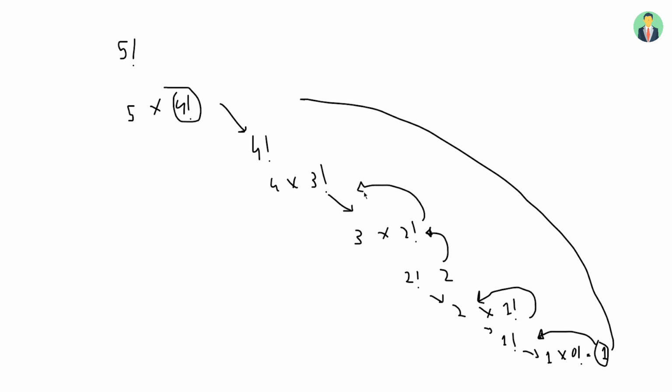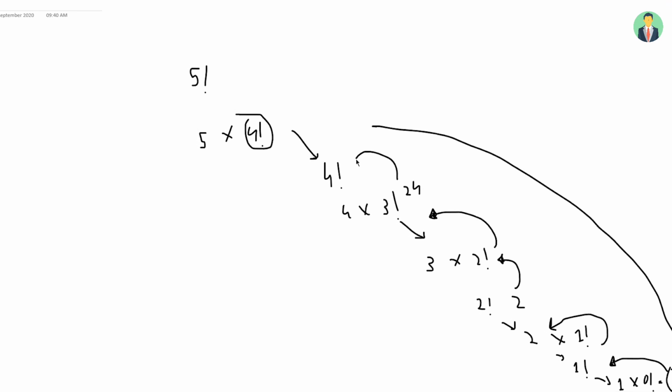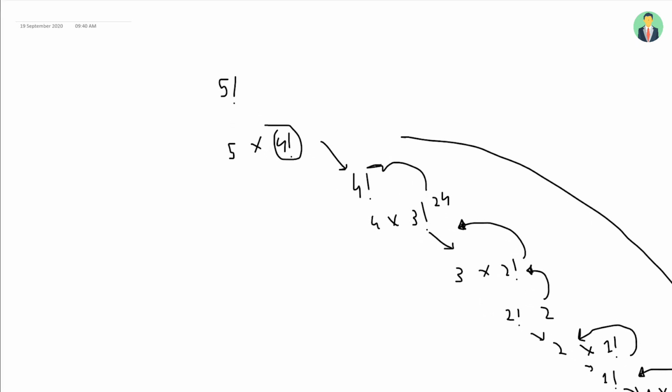So 4 into 6 is 24, so 24 is 4 factorial. Then 24 is passed back here. So it says, 5 into 4 factorial, that's 120. And it gives you the result.